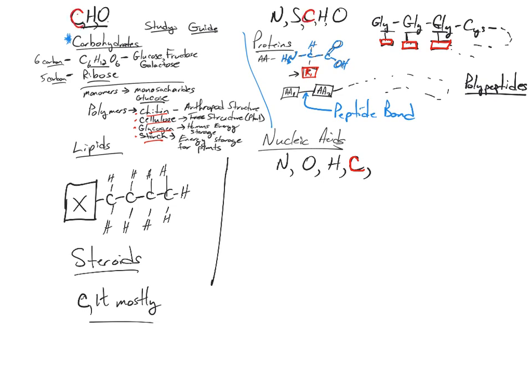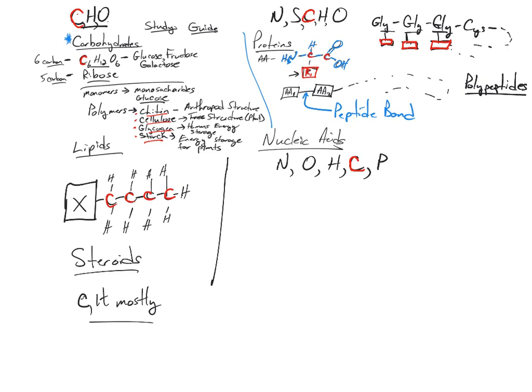So really what we're talking about is carbon chemistry, remember? I hope you remember that. So all the reds, all the carbons, are incredibly important here. It says N, C, N, O, H, C, and don't forget phosphorus because of the sugar phosphate backbone.